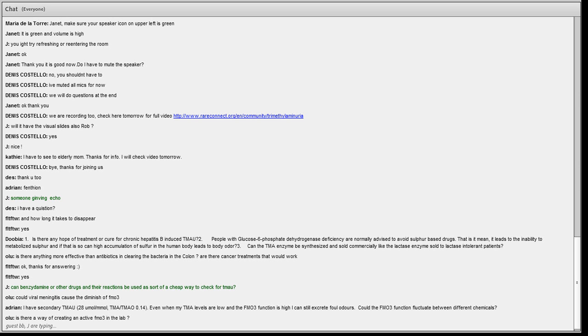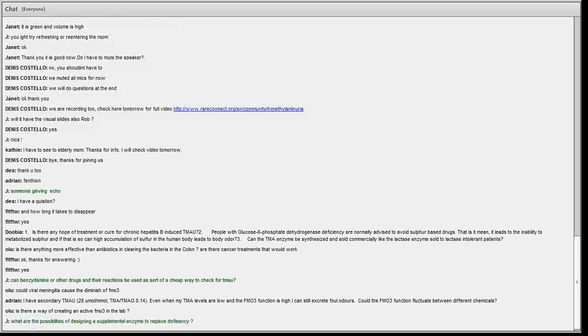The next question was, people with glucose 6-phosphate dehydrogenase deficiency are normally advised to avoid sulfur-based drugs. That is, it leads to the inability to metabolize sulfur, and if that is so, can high accumulation of sulfur in the human body lead to body odor? That's a bit of a confusingly worded question. That's an entirely different thing.